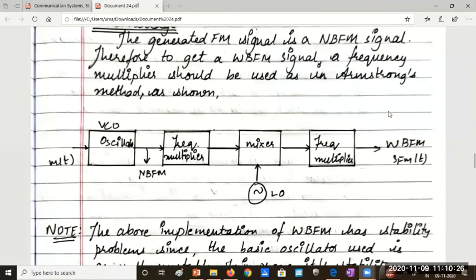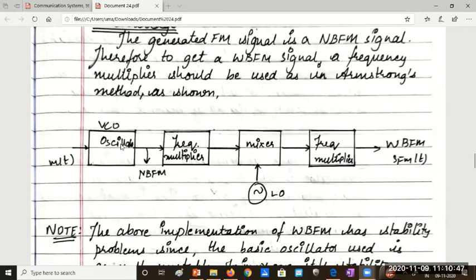Anyway, unfortunately, I don't have the pen today. It would be easy if I could write. So 75 kilohertz is the final frequency deviation which I need in commercial transmission, whereas with the Hartley oscillator, you will get a frequency deviation as small as 20 hertz.